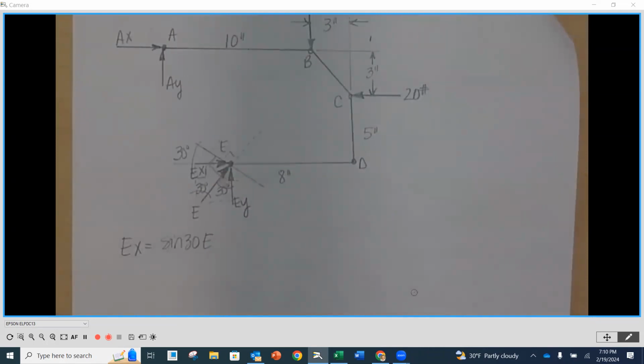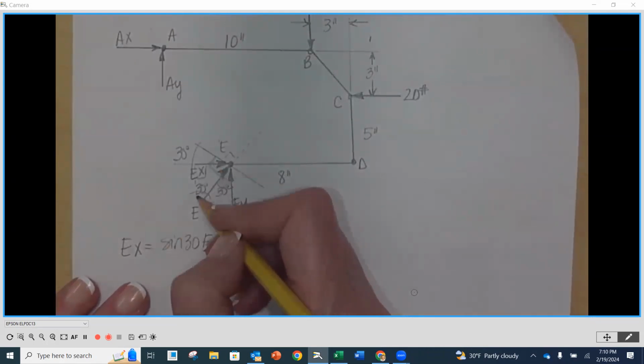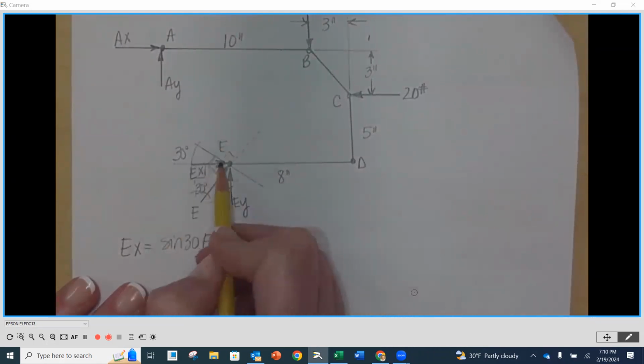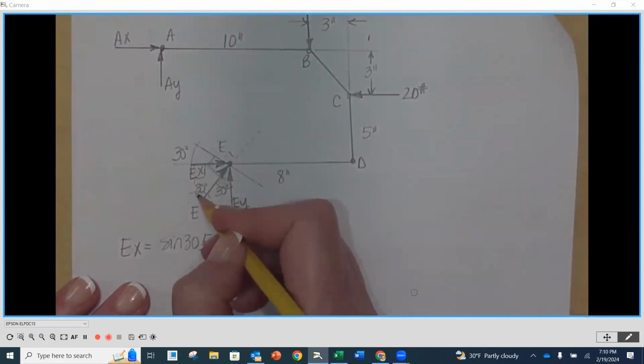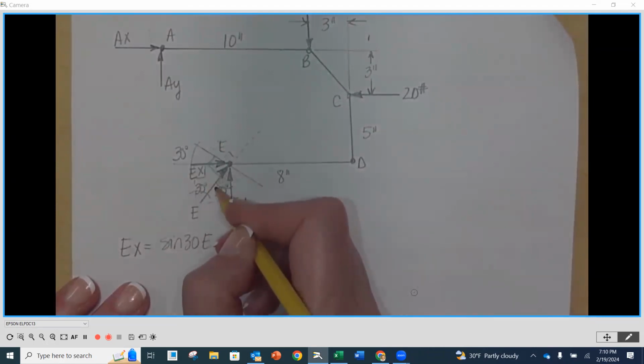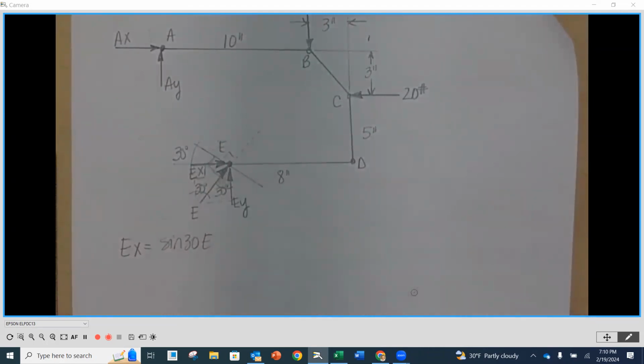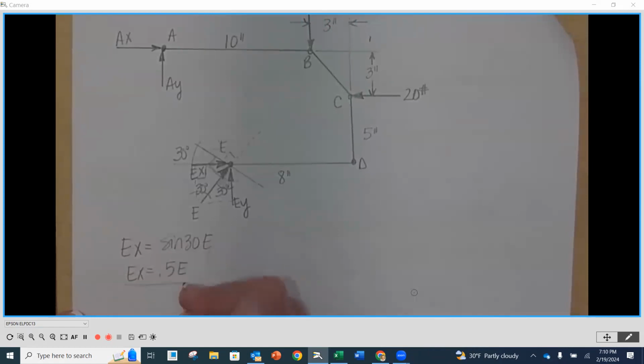Because the 30 is the side opposite from our EX. Our EX is right here. It's the horizontal component. 30 degrees is here. It's the side opposite. Here's the hypotenuse. So if we take sine of 30, that's 0.5. EX is going to be equal to 0.5 times E.